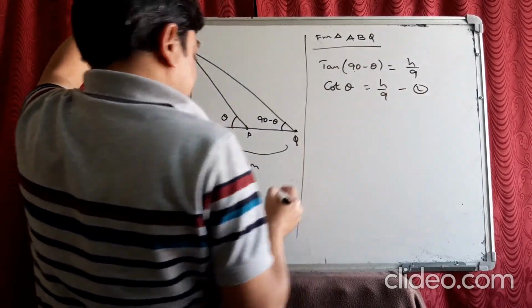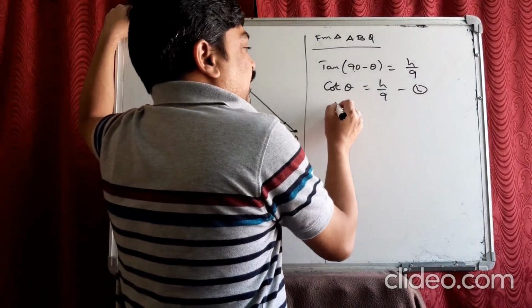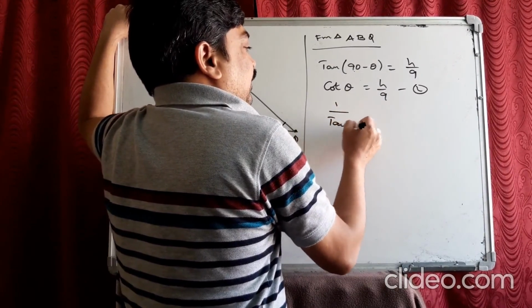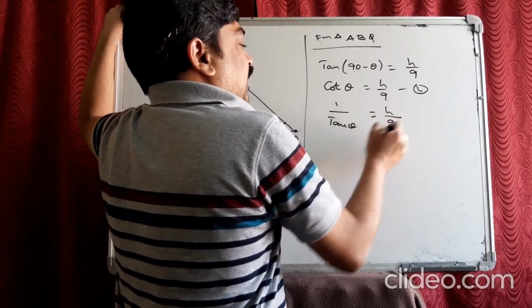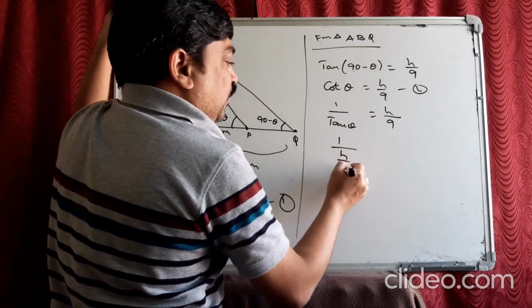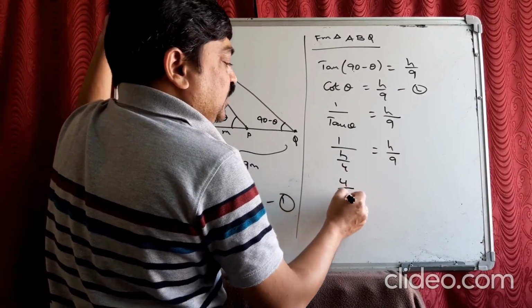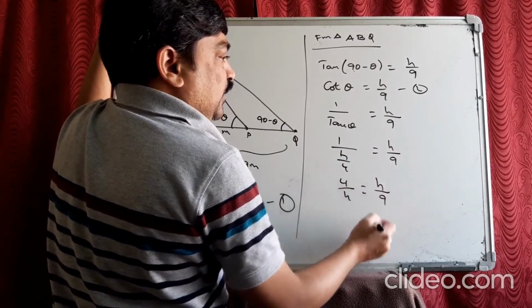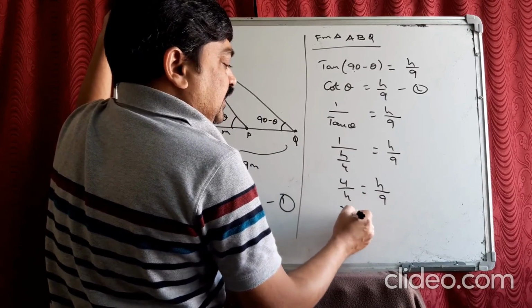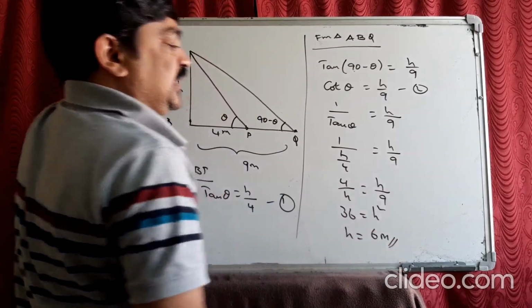But cot theta is 1 by tan theta, equal to h by 9. I know the value of tan theta: it is h by 4. So 4 by h is equal to h by 9. Cross multiply: 36 is equal to h squared. So h is equal to 6 meters.